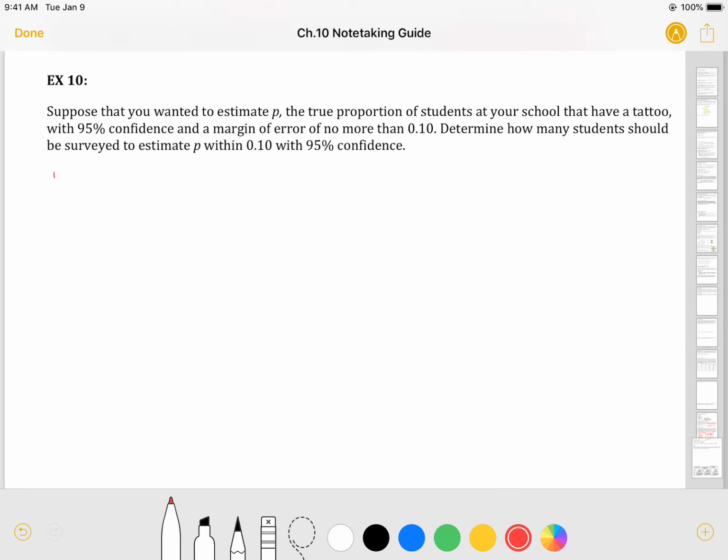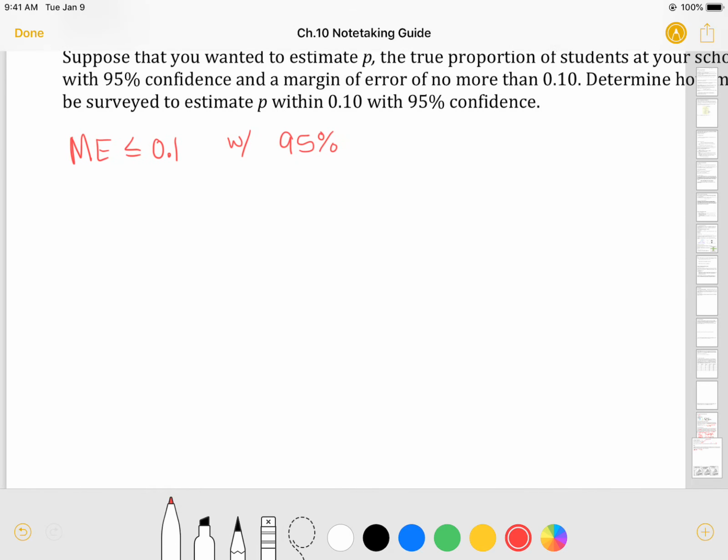So our formula would be critical Z times the square root of P hat times 1 minus P hat divided by N, and that's going to be less than or equal to 0.1.